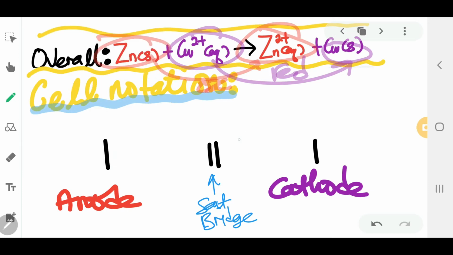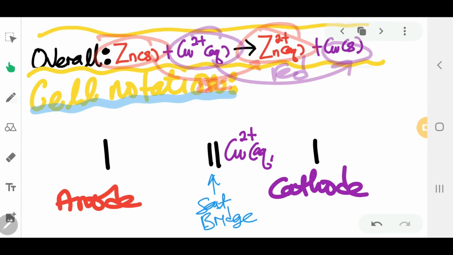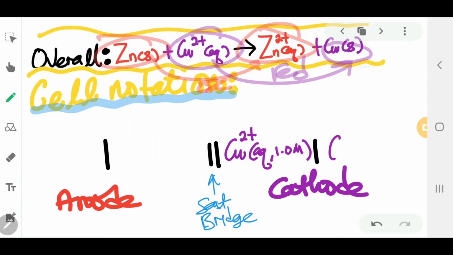When you write the Cu2+, don't forget the phase, and for cell notation, you have to write along the concentration of it. So Cu2+, the concentration is 1.0 molar. So you're going to write 1.0 molar in brackets, just like that. And over this side, you have copper solid.